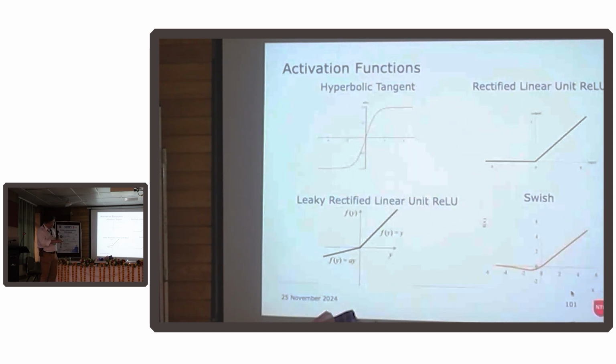So it does nothing until it reaches a certain value, with a linear output, which has, in some cases, limitations. We have a leaky rectified linear unit as well, which is an advancement on that, which has some negative bits. And then we have something called squish, which has a linear part, then has a non-linear part at a lower level. So these are all things that can be tried out as transfer functions or activation functions in the real world.